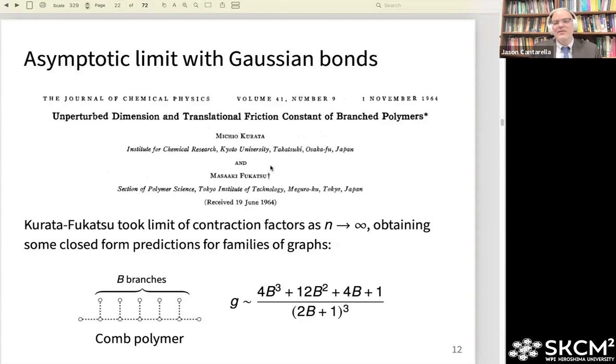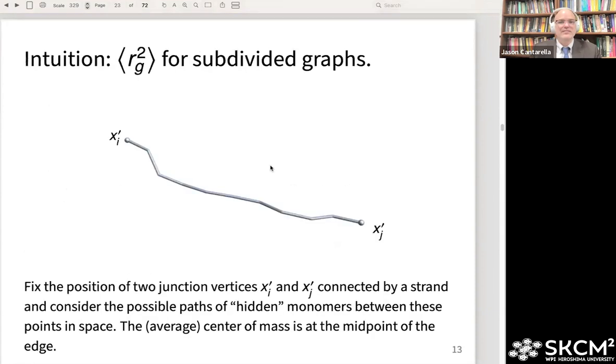Okay, so what if we don't go to the limit? What if we try to do it for a finite number of subdivisions? Okay, so I'm going to try to give some intuition first, and then I'll give the statement of the theorem, and then I'll talk a little bit about how the theorem is proved, not so much so you'll feel like you could prove it yourself, but so that you can believe that the terms that appear in the theorem are the terms that have to be there.